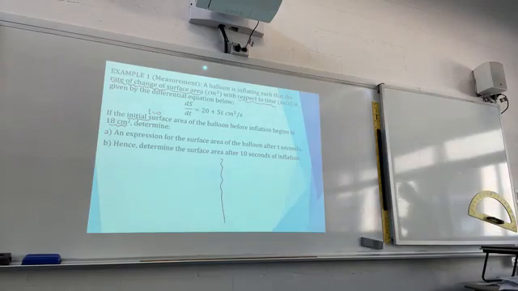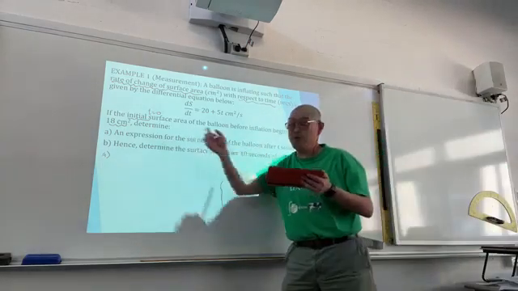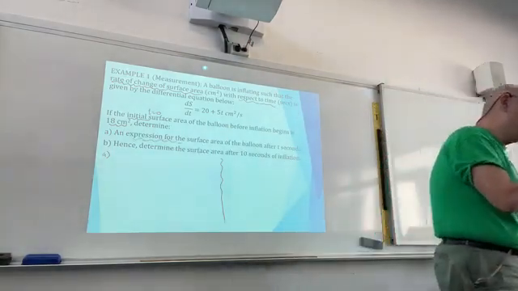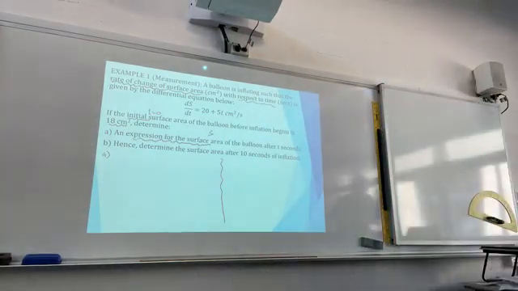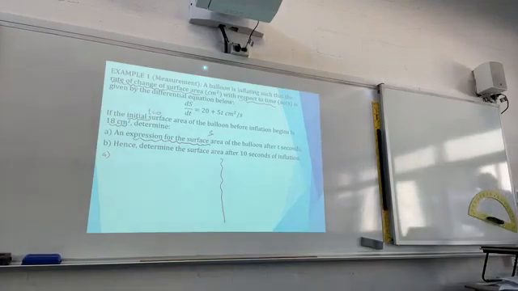So let's start thinking about how to do it. Part A is actually finding an antiderivative of dS/dt, correct? You want the expression of the surface area. You just want the S. You know dS/dt, but you need to work out S. So since dS/dt equals 20 plus 5t, therefore S equals 20t plus 5t squared over 2 plus c.